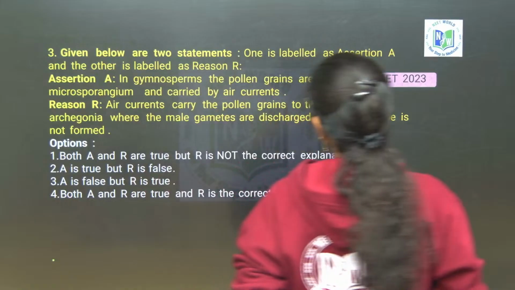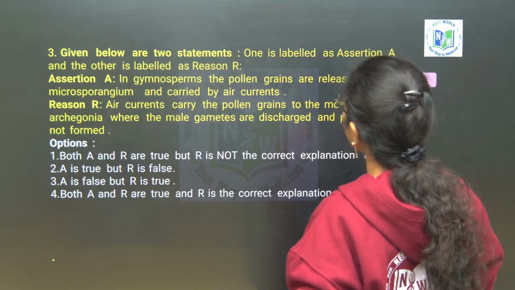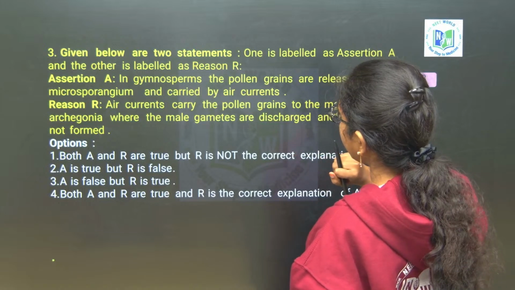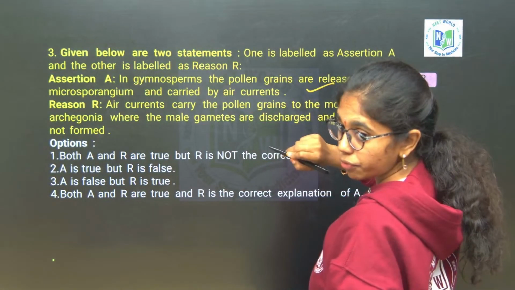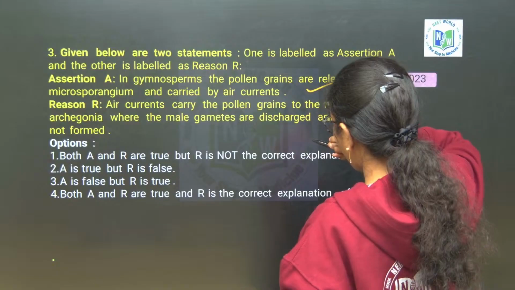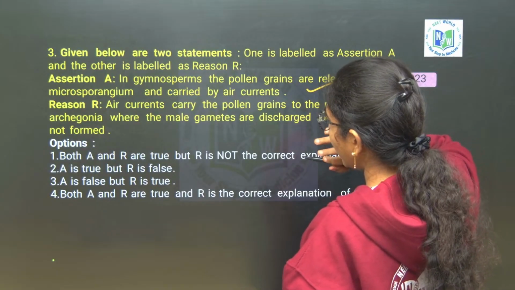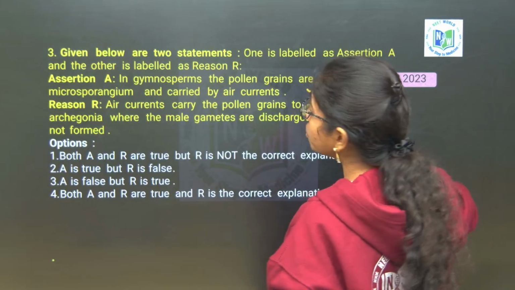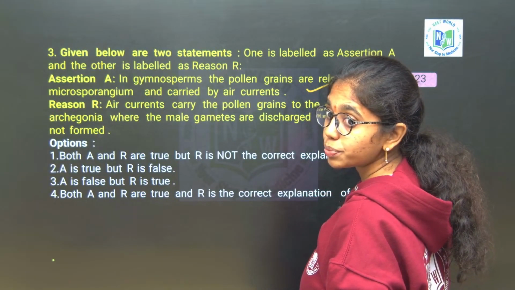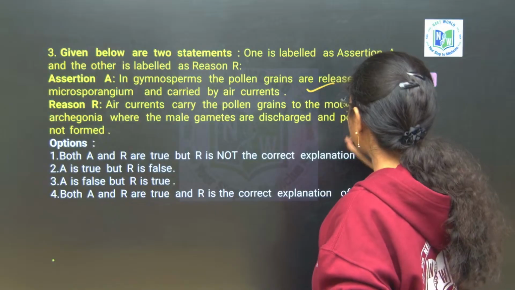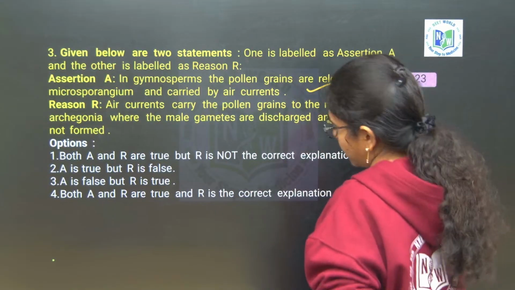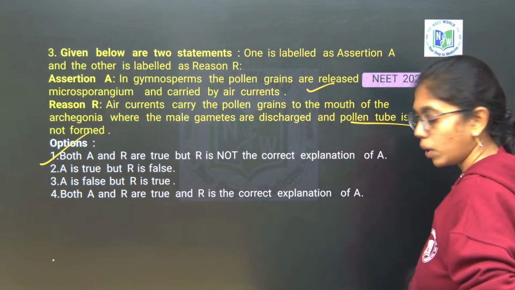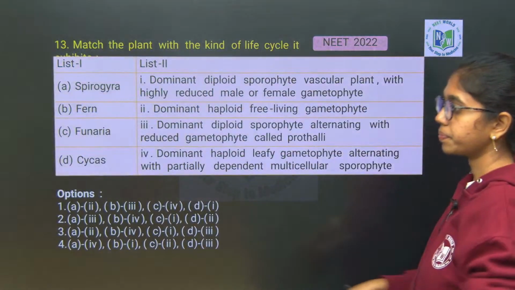In gymnosperms, the pollen grains are released from microsporangium and carried by air currents. True? Anemophilous. Air currents carry the pollen grains to the mouth of the archegonia, where the male gametes are discharged and the pollen tube is not formed. Pollen tube, yes, you are right. So here what is the option? 1. Okay. Next question.